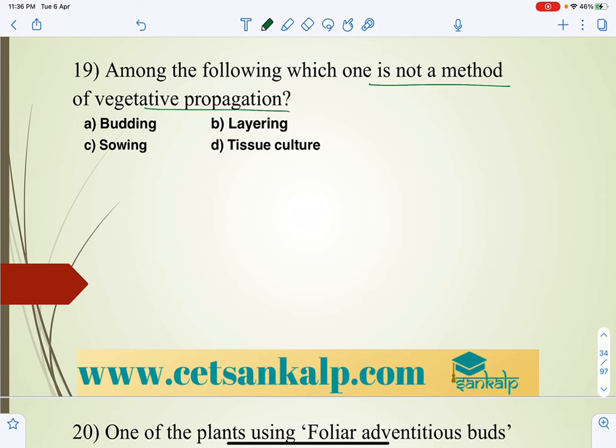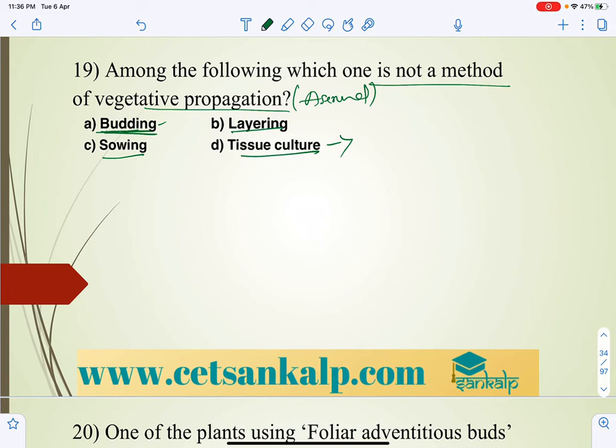As we discussed, budding is generally a form of asexual reproduction, and we can consider budding, layering and tissue culture, that is micropropagation, as vegetative propagation under asexual reproduction. But sowing seed is not a vegetative propagation.